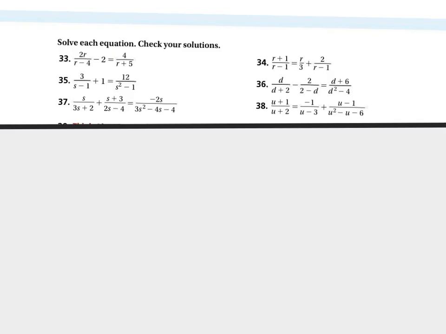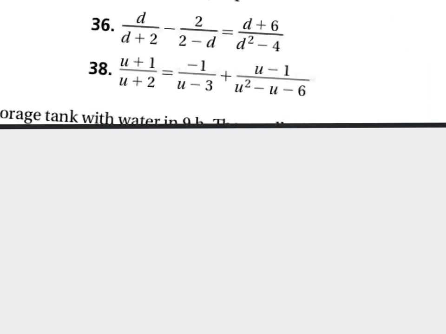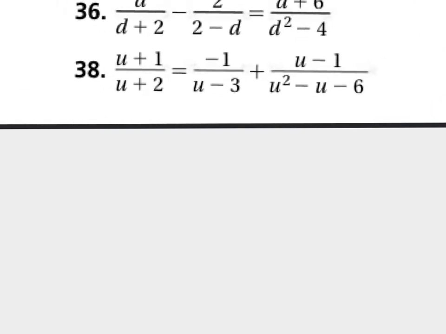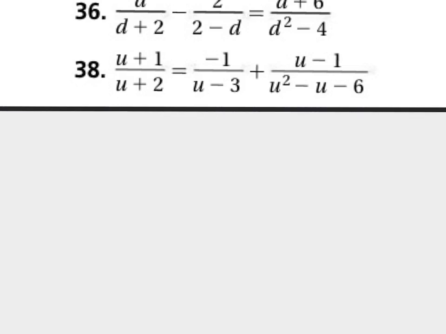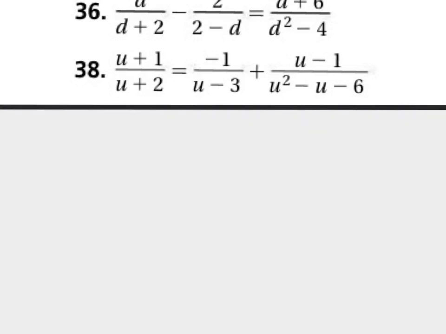One more thing we're going to do here, we're going to look at problem number 38. And this isn't necessarily quite in line maybe with what we did today, but just a good problem for us to look at just to get some more practice with this.